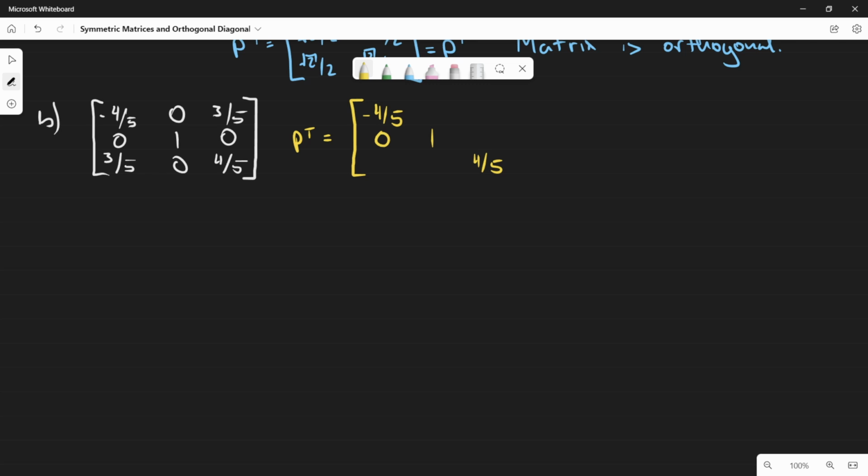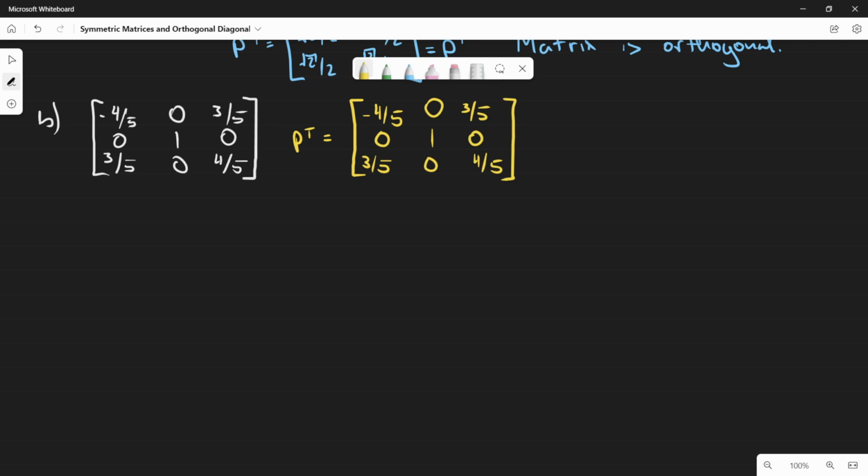We have 0 and 0, which remains the same, and the 3/5 entries also remain the same since they're both 3/5, and then 0, 0 remains the same. So the transpose is the same as the regular matrix.